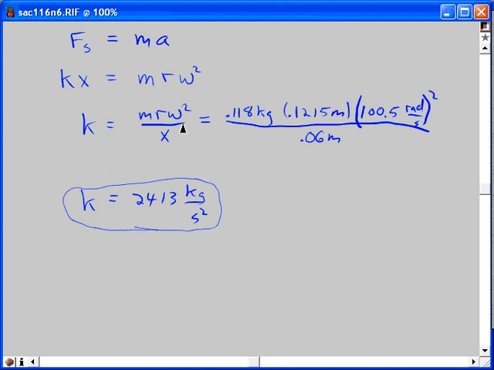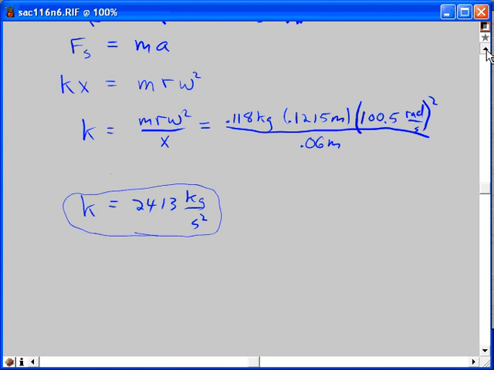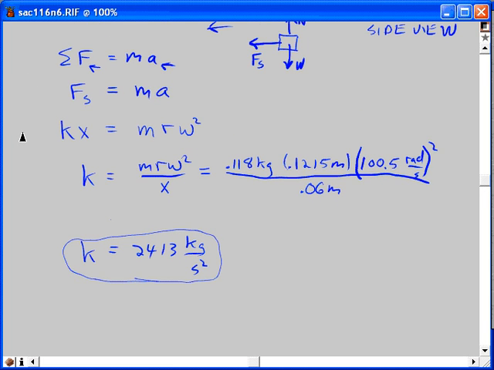I need to get it with error, so I'm going to go back to, let's call that equation 2. Yeah, I think that's going to be a 3. I'll call that equation 3. So equation 3 reads, K is m r omega squared over x, the one I was just working with.